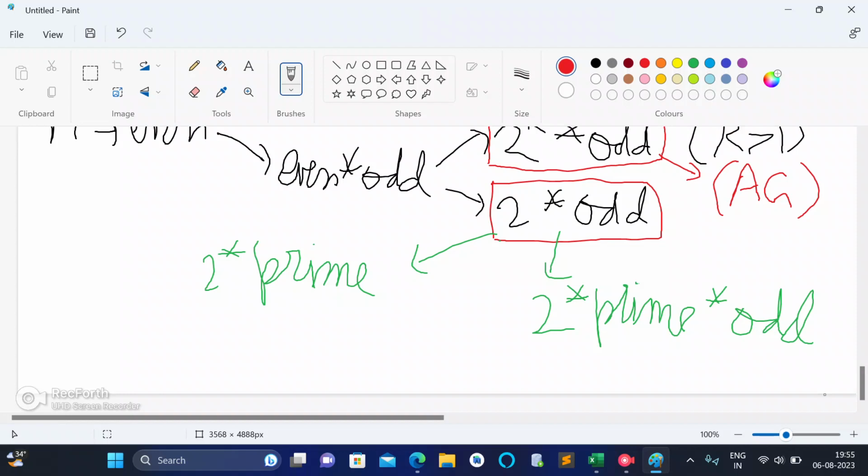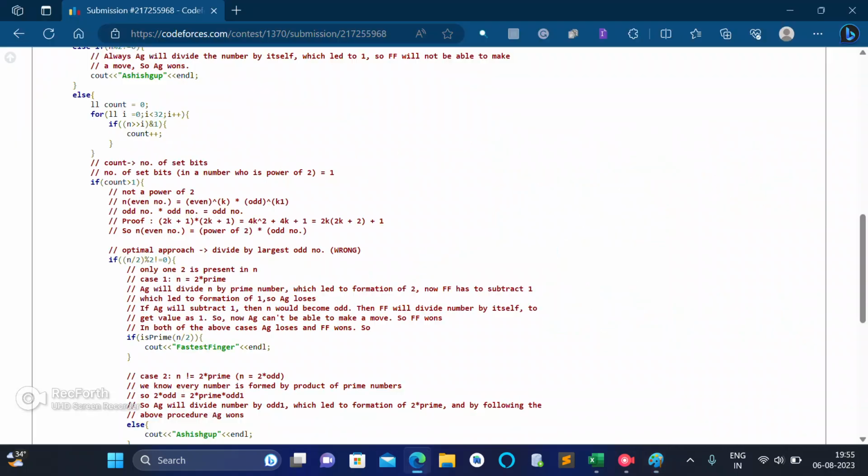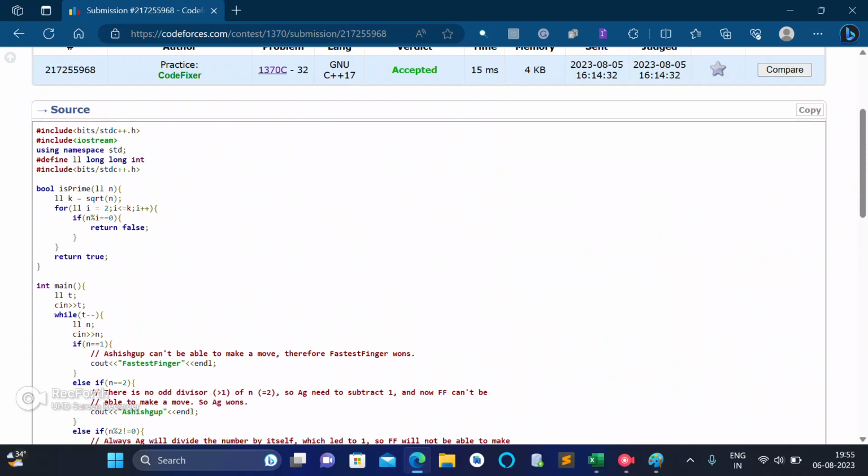You will go from 1 till square root, and you know that while you are traversing from 1 till square root, one factor will lie below square root of n and the other factor will lie after square root of n. So you will traverse the loop from 2 till square root of n.